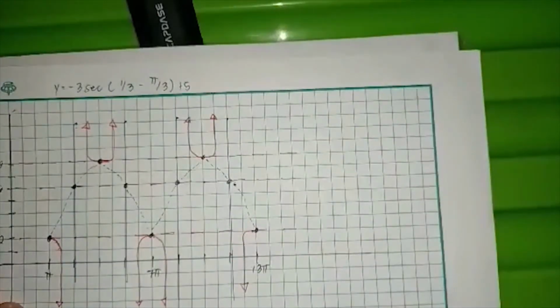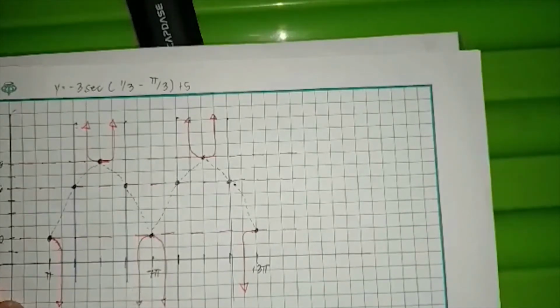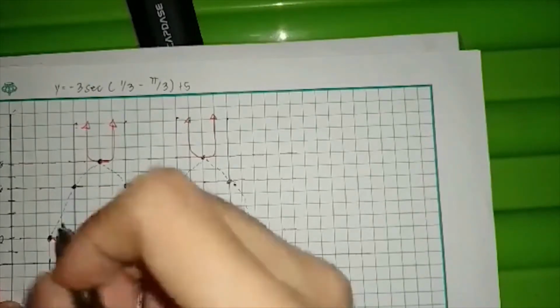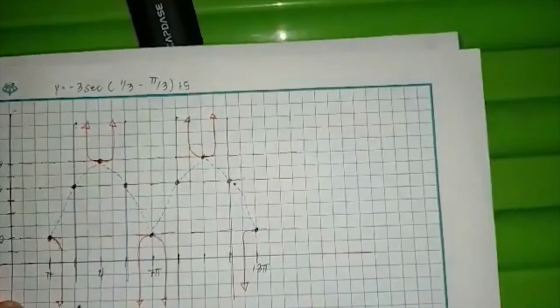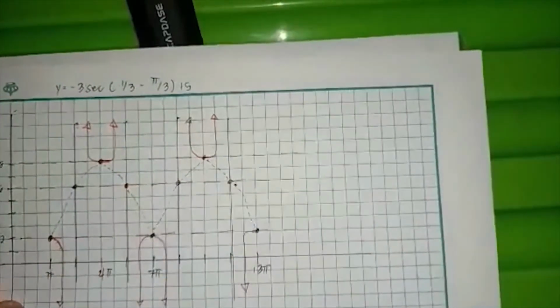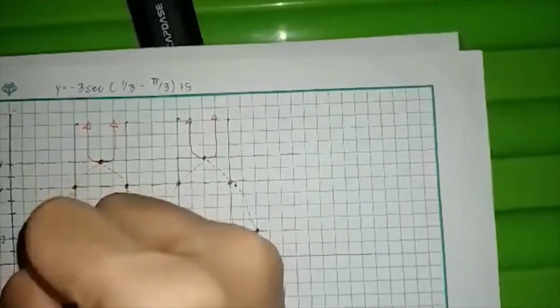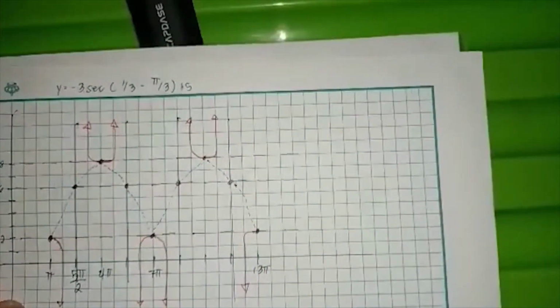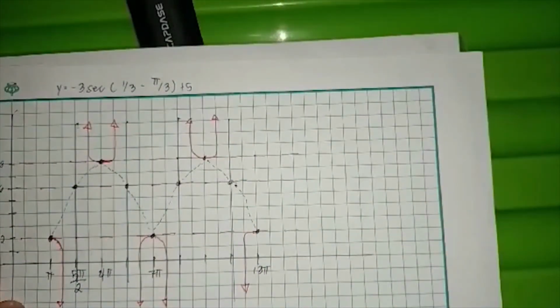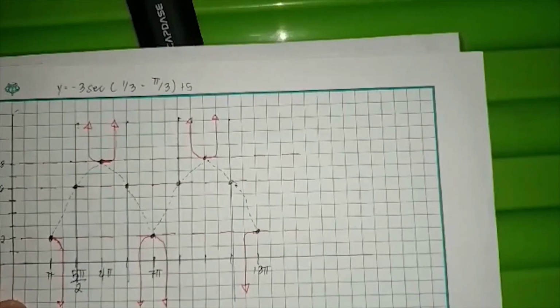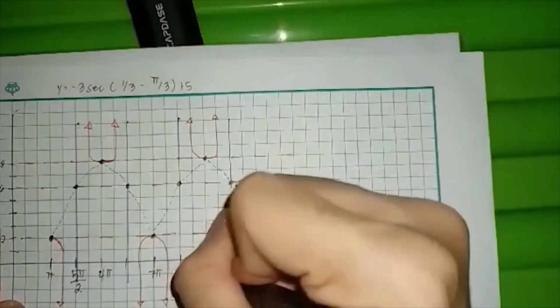Then, let's get the points. Pi plus 7 pi divided by 2 is equals to 4 pi. Then, pi plus 4 pi divided by 2 is equals to 5 pi over 2. Then, 7 pi plus 13 pi is equals to 10 pi.